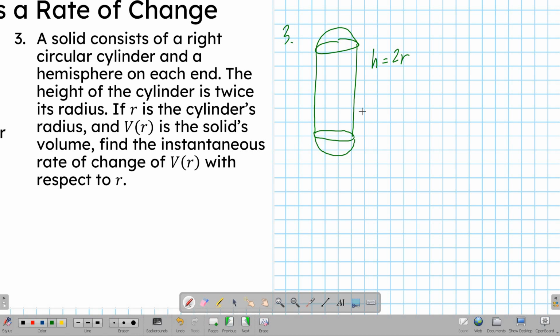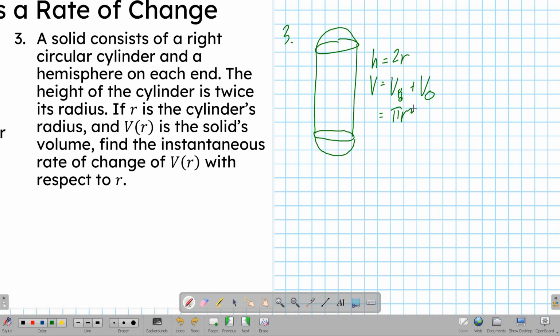So first, what is the volume of this solid? The volume of the solid would be the volume of the cylinder plus the volume of the two hemispheres, which actually builds up to one sphere. The volume of a cylinder would always be given by pi r squared h.